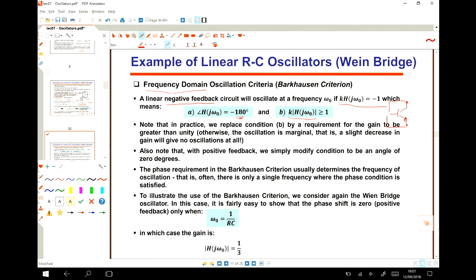It is mentioned here that it should be greater than unity, otherwise the oscillation is marginal. Marginal means we cannot make sure that the oscillation will happen. With the positive feedback, everything is the same, just the angle should be 0 instead of 180 degrees.